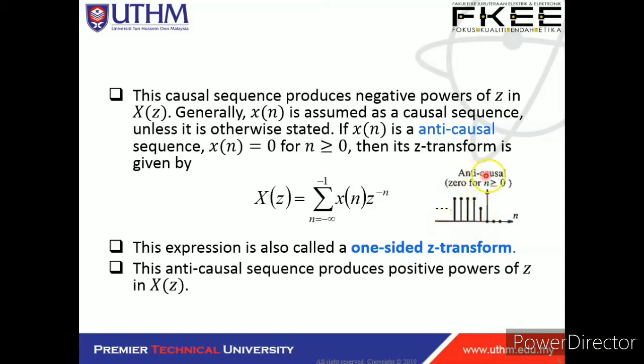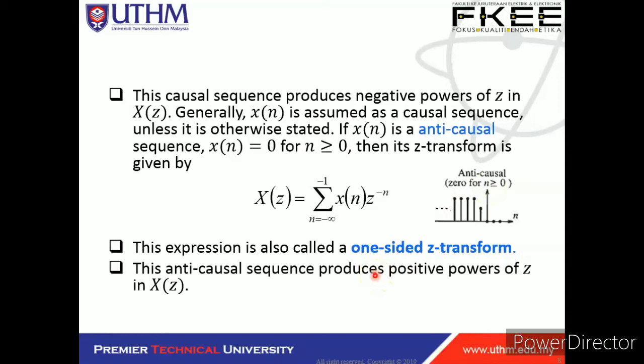So this is the anti-causal signal. The limit changes from negative infinite, so we have the summation from n equals to negative infinite until n equals to negative 1 of xn multiplied with z negative n. So this is the one-sided anti-causal signal.